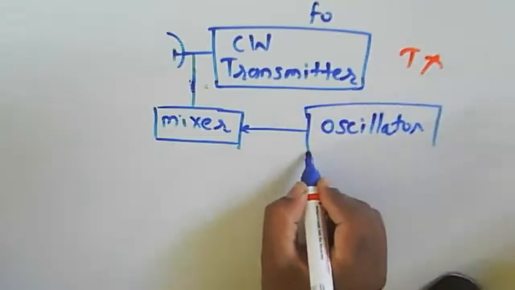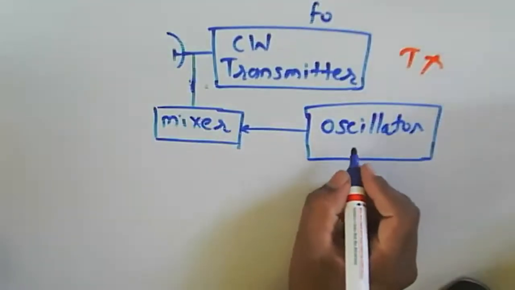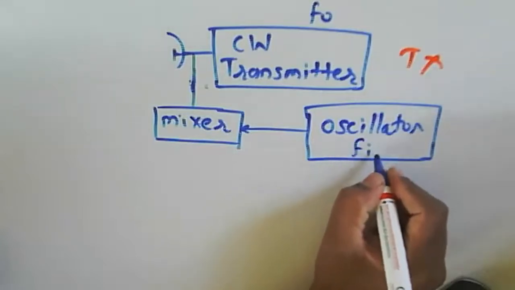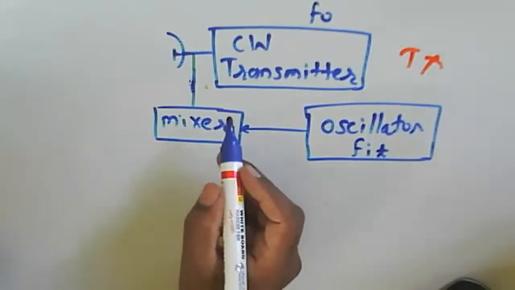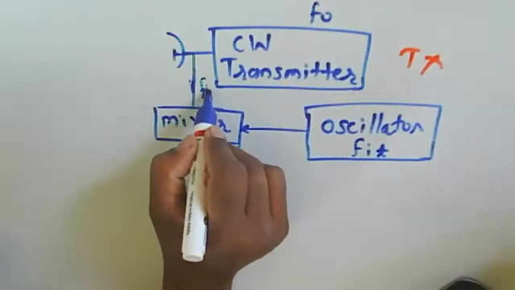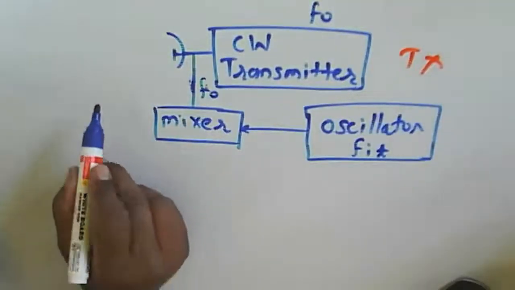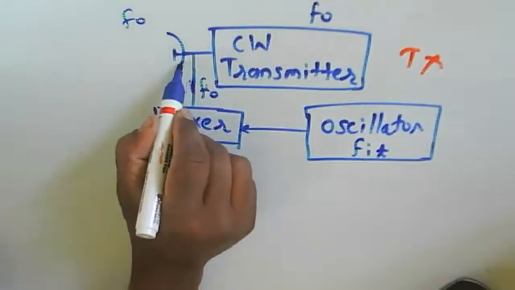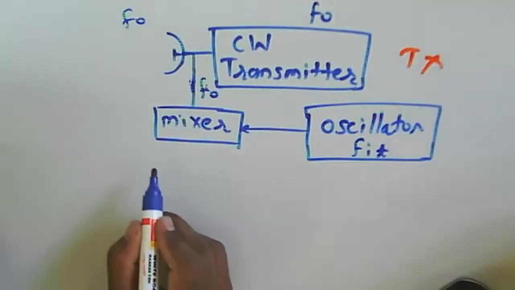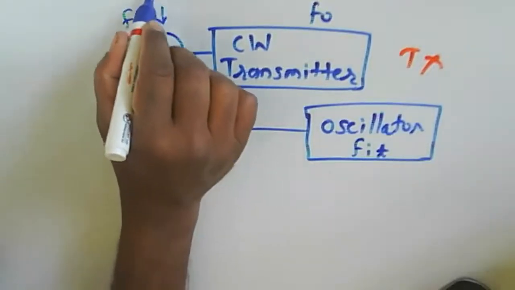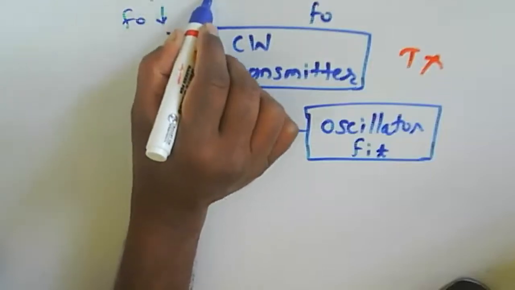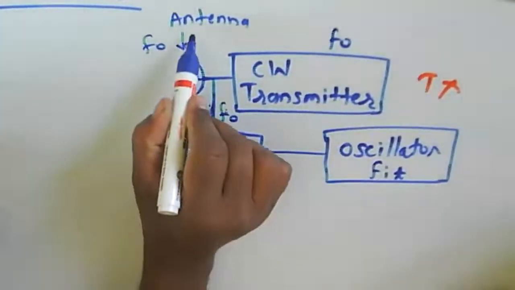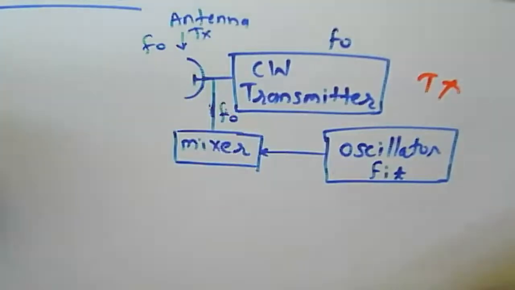That oscillator frequency we consider as F. This one is about a transmitting signal frequency, say F1 here. That F1 signal is transmitted by this transmitting antenna.